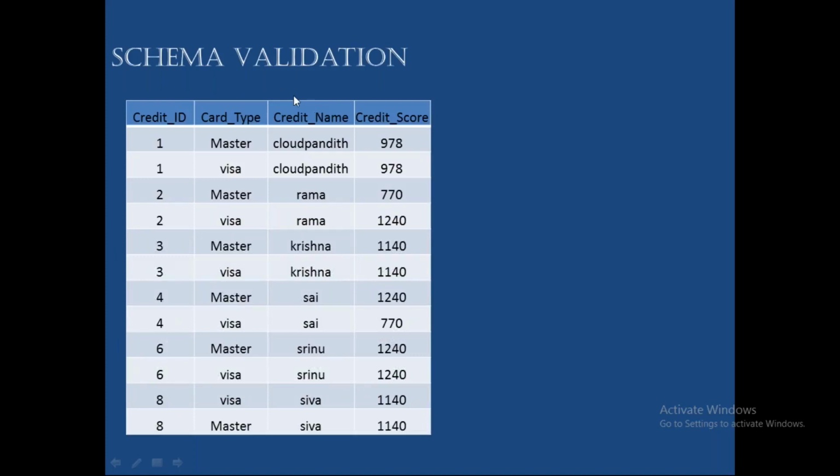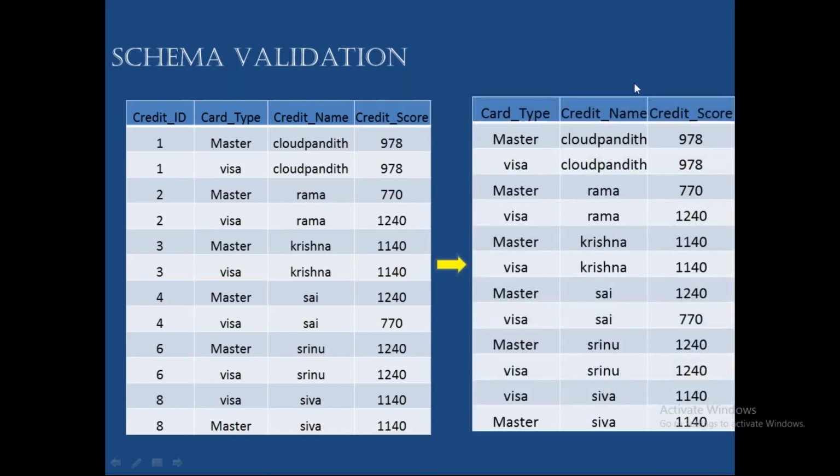Now schema validation. See, how you will validate the schema: we have 4 columns here, but in the next run you are getting only 3 columns. Which column are you missing? Credit ID. So that is up to you. Do you want to allow the execution, or do you want to skip the execution? You want to fail the execution when the schema is changed.